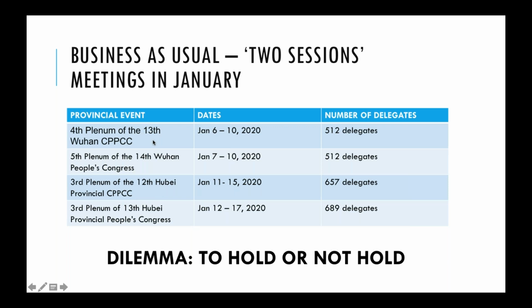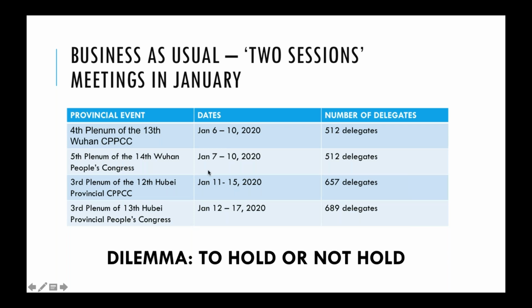But here is an event of what is called the Wuhan People's Congress, which is the elected body of the city of Wuhan, and also the plenum meeting of the local Chinese Communist Party.